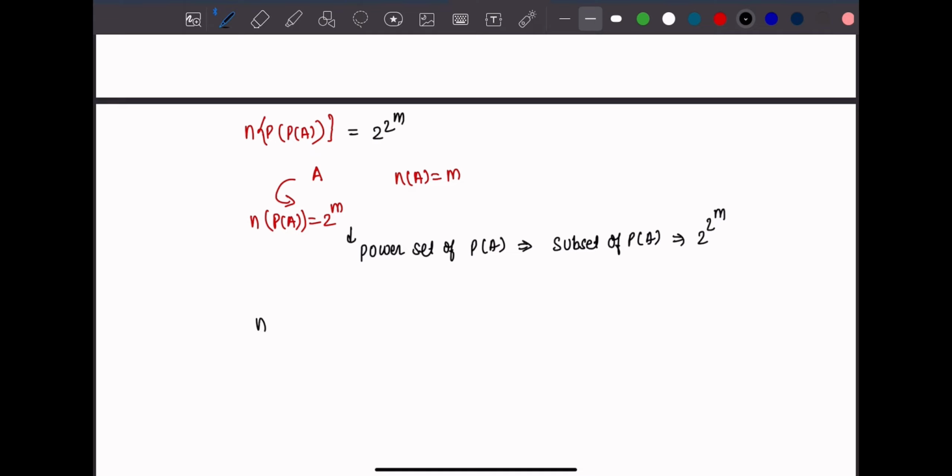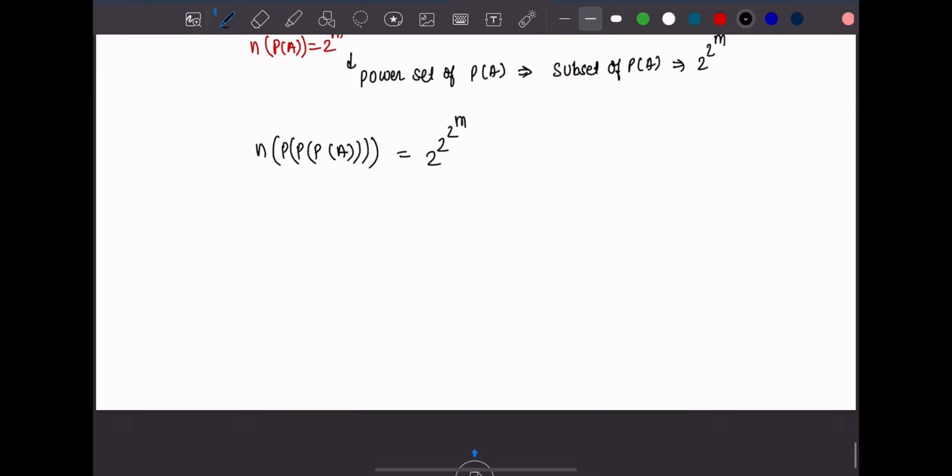So if someone says number of elements in power set of A, which means we got 2 power m. How to learn this one? If only one time p we have, that means 2 power m. If 2 times p we have, which means 2 power m. Okay, if 3 times we have, that means 2 power m. Okay, I think concept is clear.